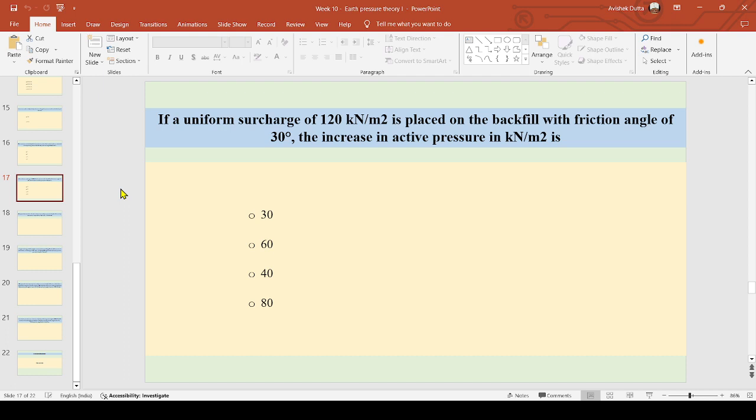So what is the increment in active pressure due to the surcharge load of 120 kilonewton per meter square, given that the backfill property, that is the friction angle, is 30 degree. The options are 30, 60, 40 and 80. All the values are in kilonewton per meter square.